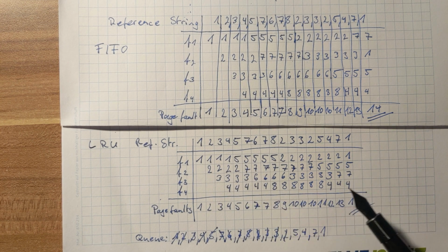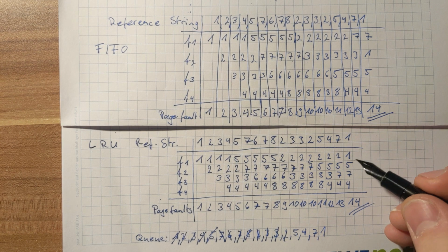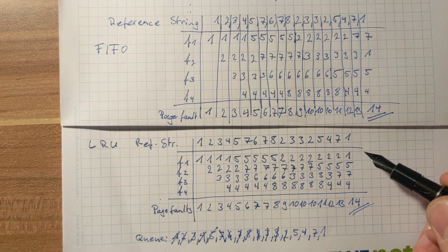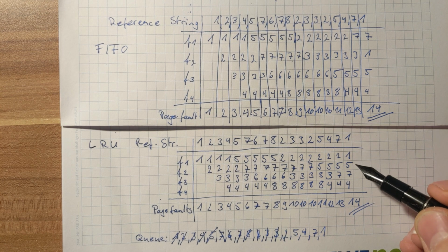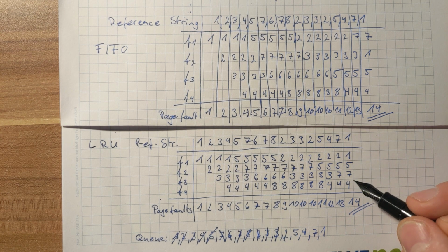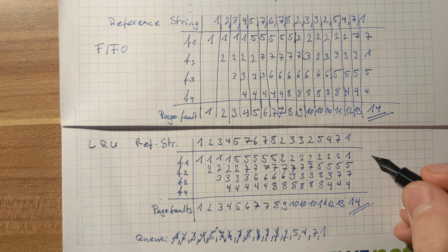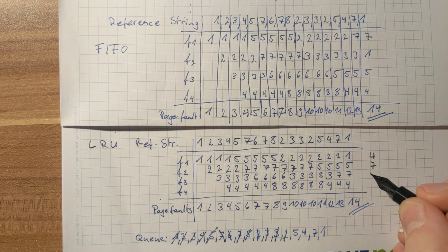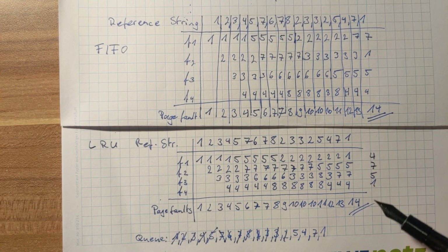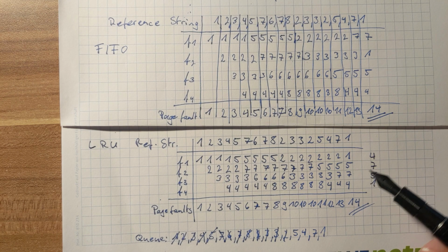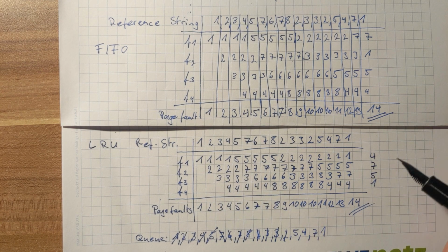But for the algorithm, that absolutely doesn't make a difference. It could only happen that in the end you don't have the memory state of 1574, but that you have 4751. But this is just mirrored. So everything that happens in here at the latest state is exactly the same.